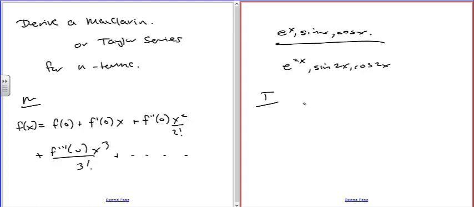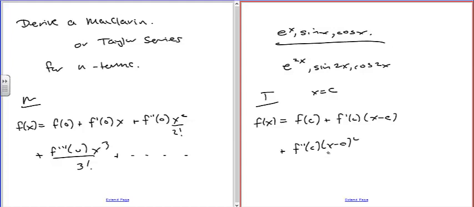The Taylor series is very similar, except it's f of c. This is where we're centered around x equals c, and it's f of c plus f prime of c times x minus c plus f double prime of c times x minus c quantity squared over 2 factorial plus f triple prime of c times x minus c cubed over 3 factorial plus dot dot dot.